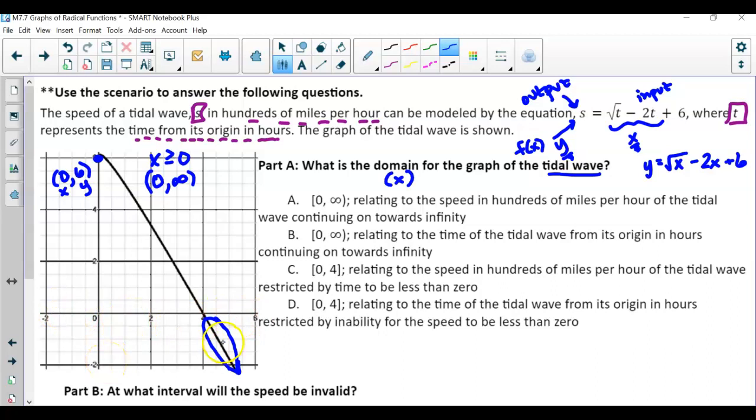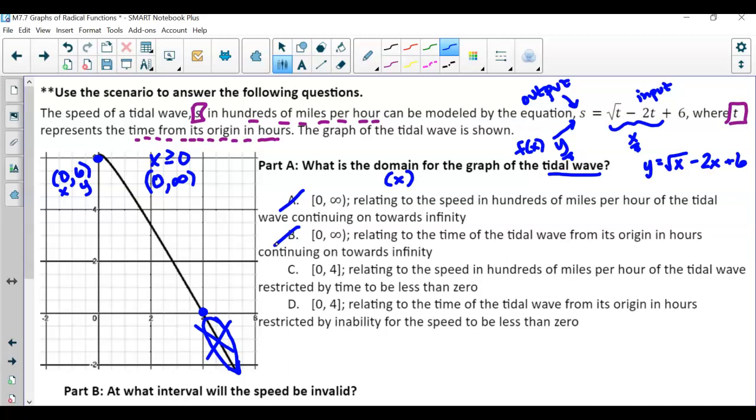Did you ever have a tidal wave that's in the negative height or negative speed, miles per hour? No. So this portion of the graph we are not going to include because it doesn't make sense. This tidal wave will never be in that negative value, which means we're only looking at from 0 to 4. So I'm going to mark off A and B.